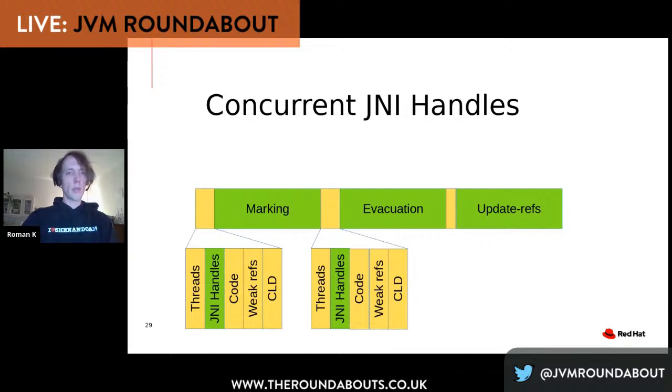Next, this solves a big part of the problem, the problem of pauses depending on heap size or the size of the live data set. We can still have significant pause times that are caused by the roots scanning here.